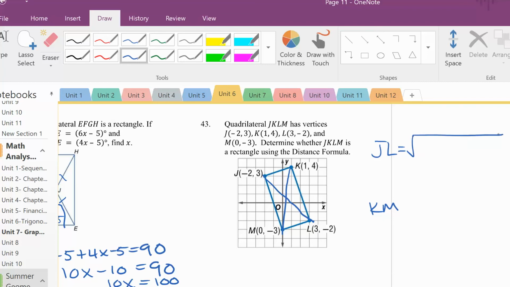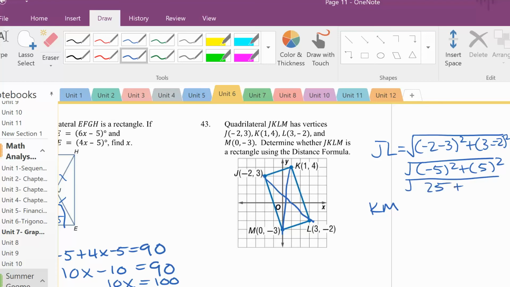So using the distance formula, you would go -2 minus 3 squared plus 3 minus -2 squared. So it's -5 squared plus 5 squared. So it's equal to 25 plus 25, which is the square root of 50. And if you simplify the square root of 50, it becomes 5 rad 2.